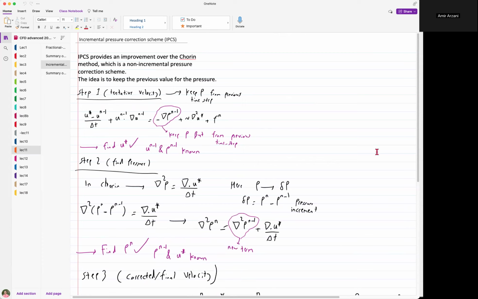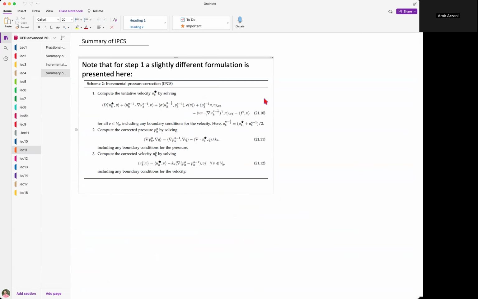But if you look at the Oasis reference, you will see a more robust, higher order accurate time integration scheme that I believe mixes Adams-Bashforth with Crank-Nicolson to achieve second-order accuracy in time. So I will also include the paper for Oasis in the description box below, where you can see how you can achieve more accurate time integration schemes in the context of ICPS.